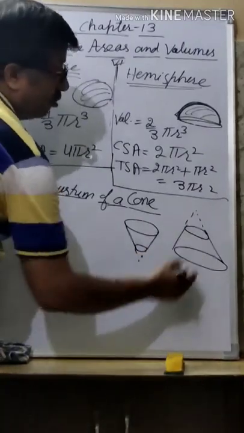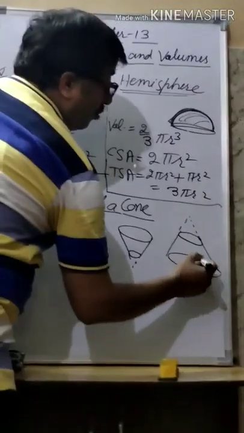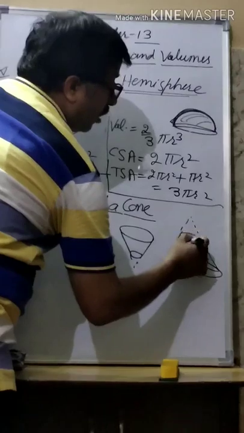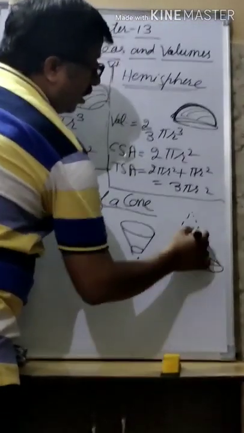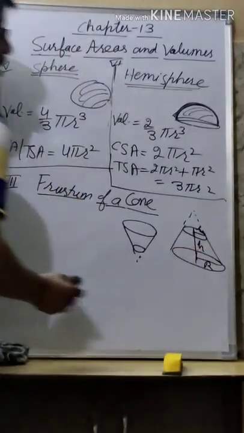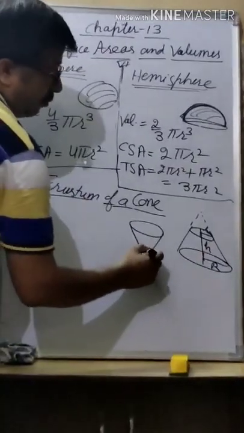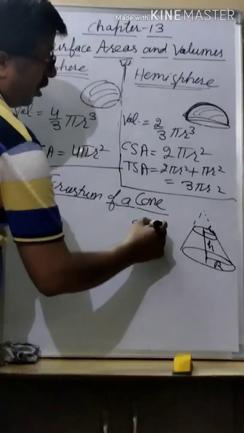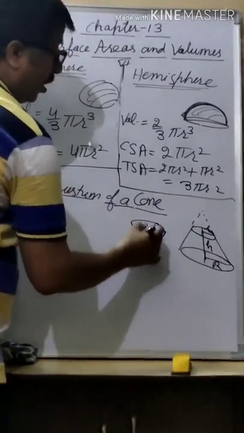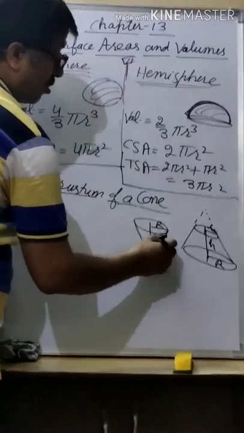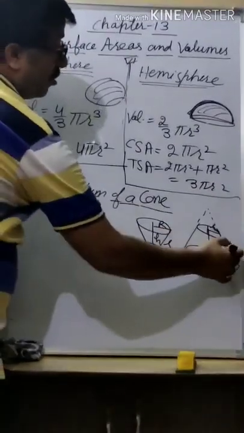Clear this? So simple, you see here: the smaller portion radius is small r, the larger end radius is capital R, and the height is h, and this is the slant height.